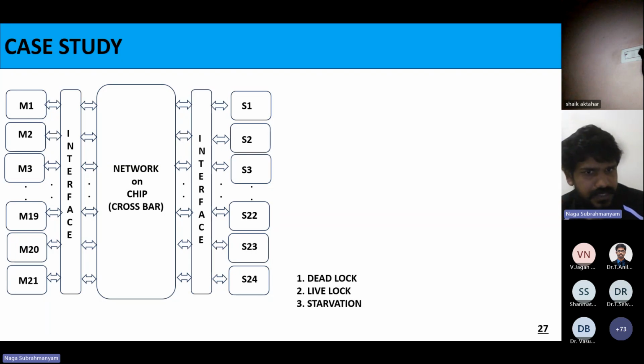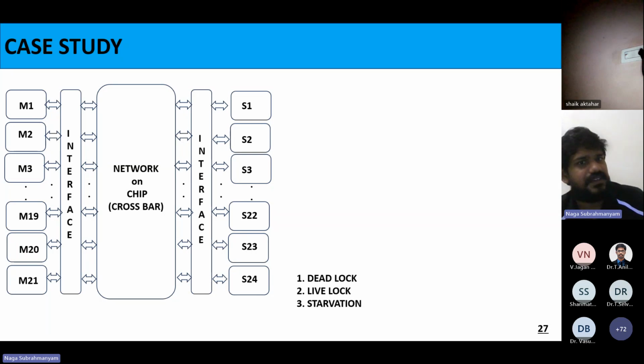That is one point. Another thing: there are three things, deadlock, livelock, and starvation. You can create a scenario like this: M2 wants to communicate with S3. All of a sudden M19 wants to communicate with S3. Now things will be different here. If you understand in one particular way, it will be one thing.